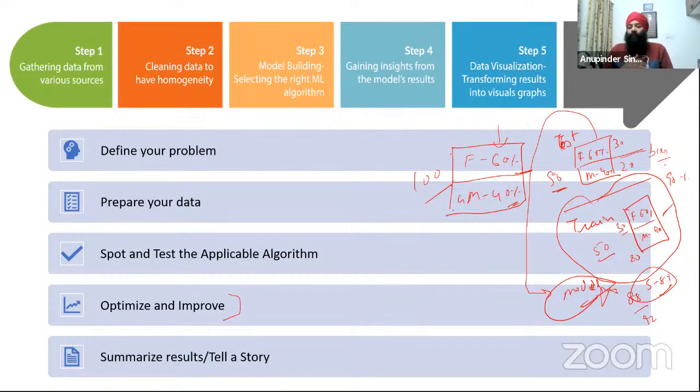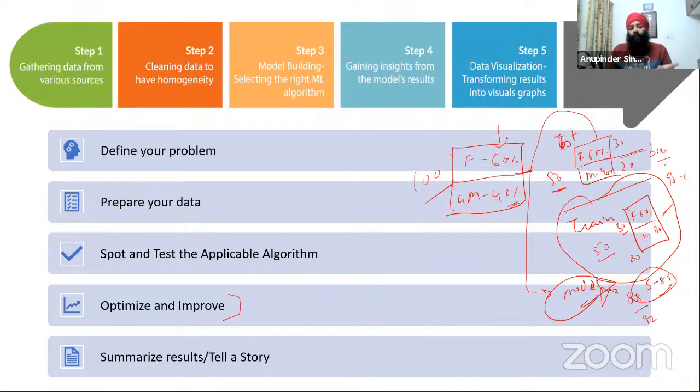Within each step there are n number of activities which you do, and every activity has its own scope, right? So the webinar series which I've spoken about in my blog post, as well as on the registration page, is going to revolve around these steps.